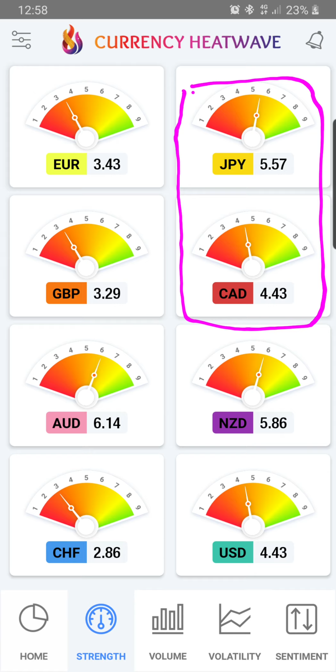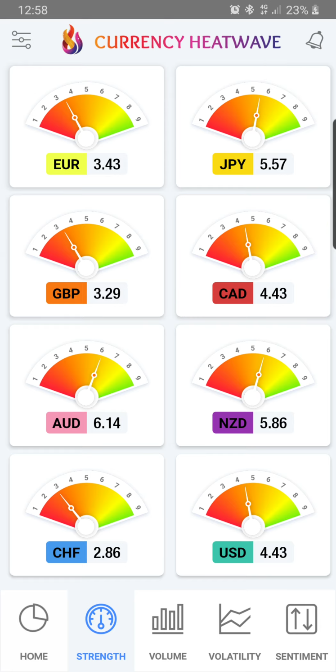But for a consolidating market, you want it to be very tight. Looking at CAD JPY, CAD is at 4.43 and JPY is at 5.57. The variation there is not big at all. So that's how you pair them to use it.